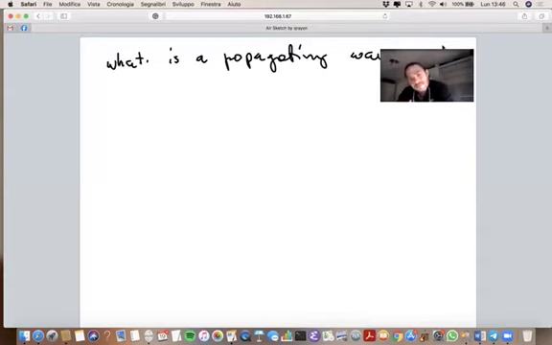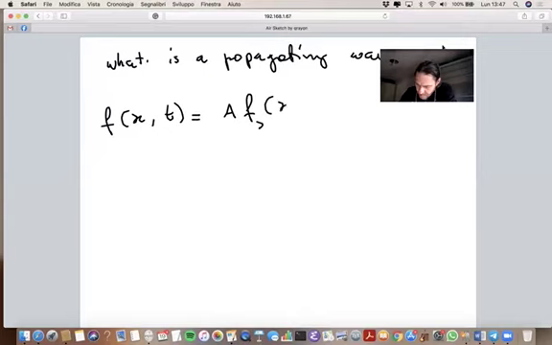Well, most generally, a wave is anything that depends on position and time, but not in any manner, but in a specific form, a combination of two functions.